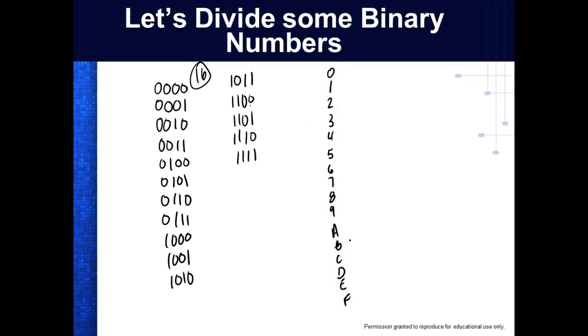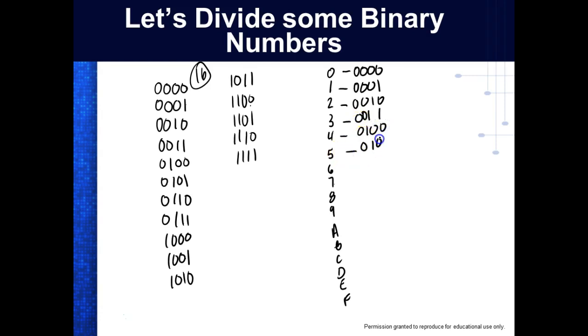So I've got exactly 16 combinations with 4 bits of binary, and I've got exactly 16 combinations with 1 digit of hexadecimal. So that means this would be equal to this in binary, this would be equal to this in binary, and so on.